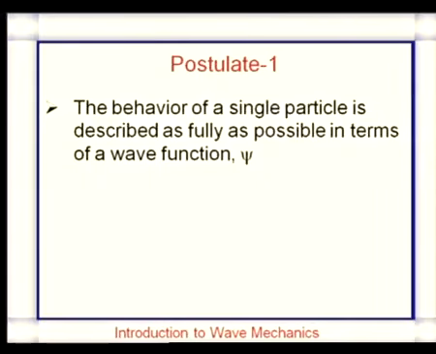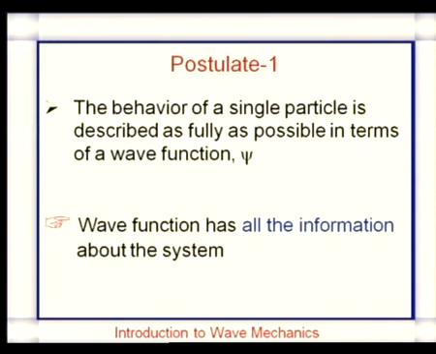That wave character of the electron is assigned in terms of something called a wave function. The behavior of the particle will be described as fully as possible in terms of a wave function, which we denote as psi. And this psi actually contains all the information about the particle.